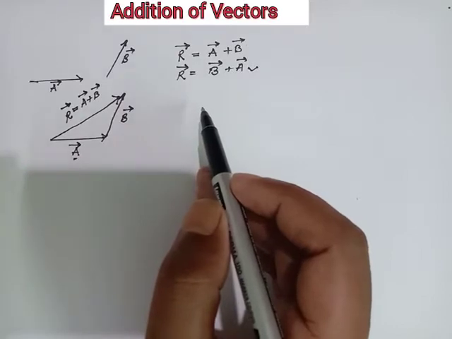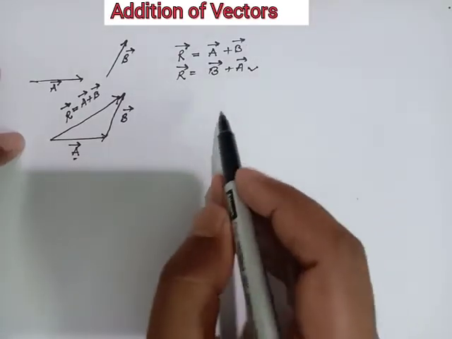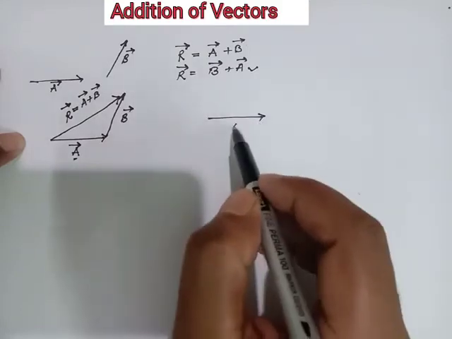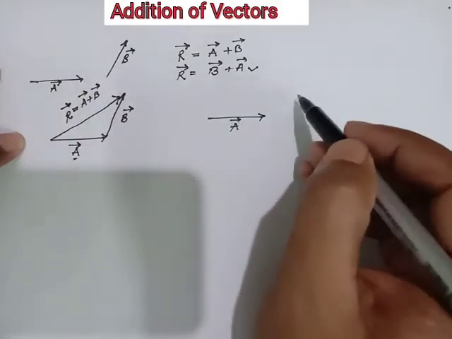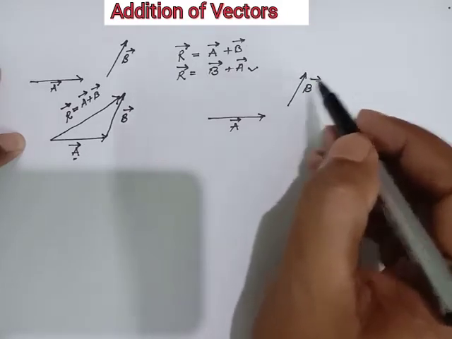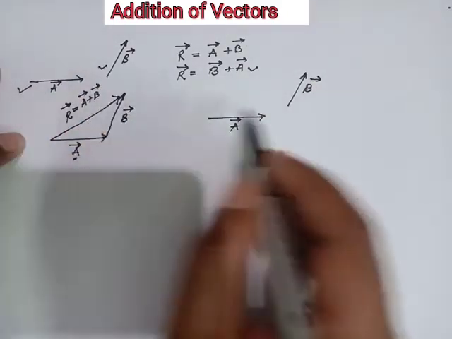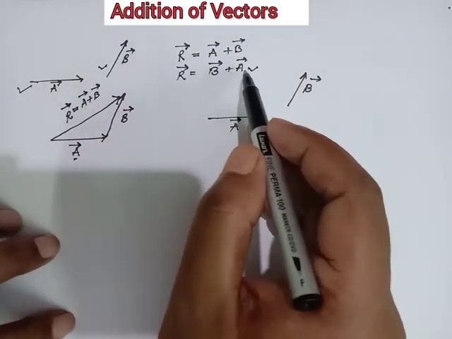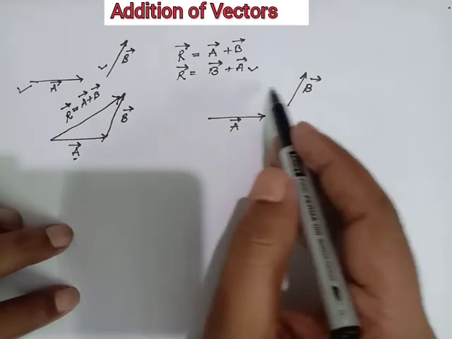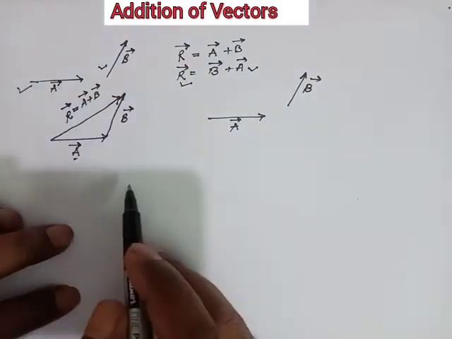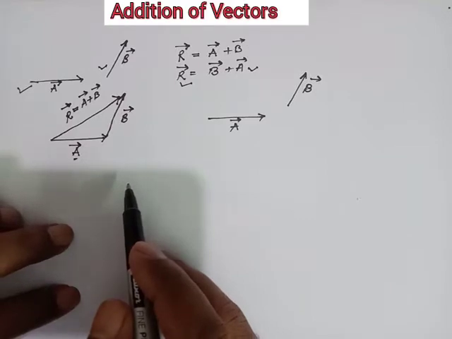Suppose for example, once again I have given you a vector, and I also have given you this b vector. Similar condition, this and this I have given you. Once again I want to find out b plus a. Remember, under this condition we need to modify this diagram, and we have to write R vector equal to b vector plus a vector.